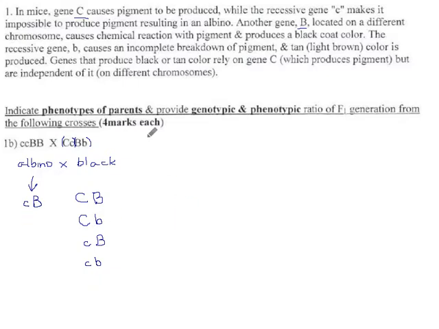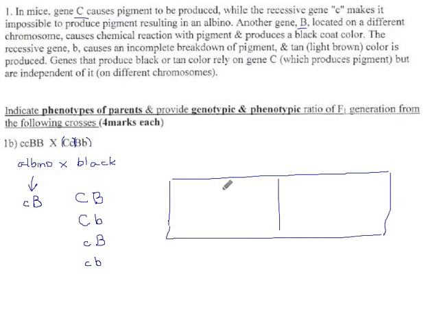So if we do a Punnett thing to see how these combine for possible offspring, we get little c, big B guaranteed from that parent, and then we get these.